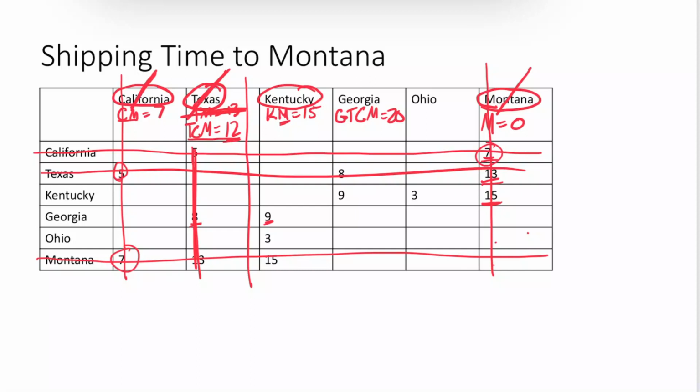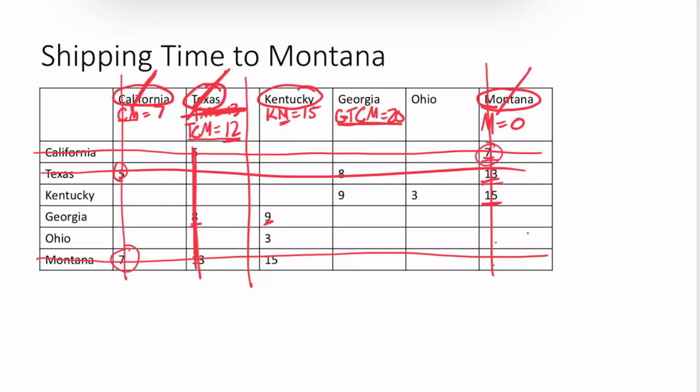So I say, okay, well, if I did Georgia to Kentucky to Montana, that would cost 15 plus 9, which is 24. But 24 is not cheaper than the path I already have designated. And so I'm not going to change that because it's actually cheaper to go from Georgia to Texas to California to Montana than to go from Georgia to Kentucky to Montana.